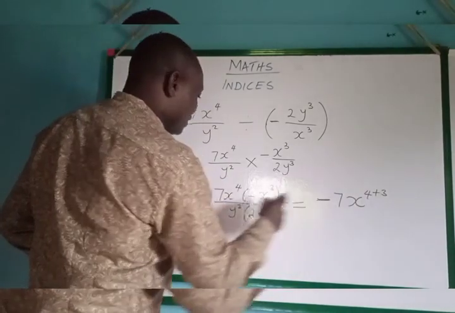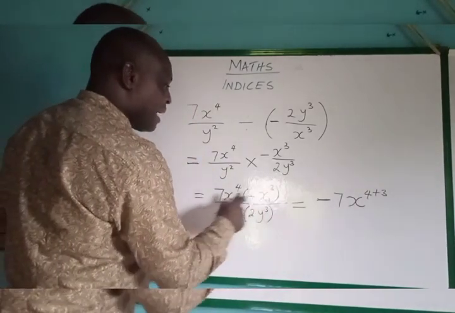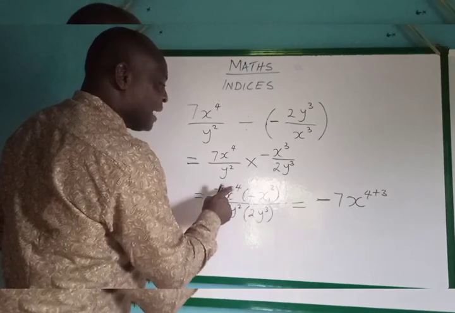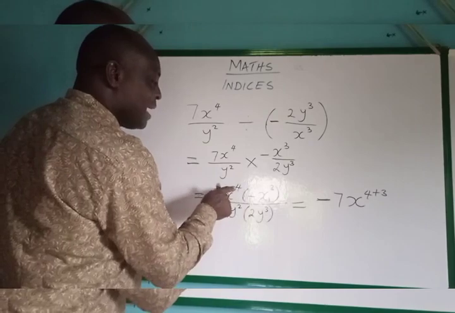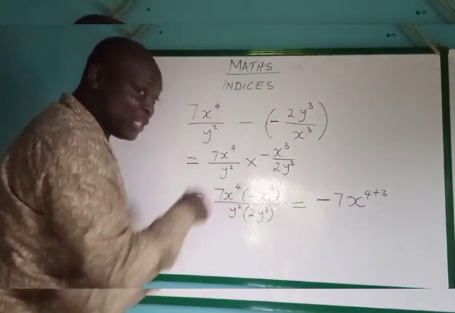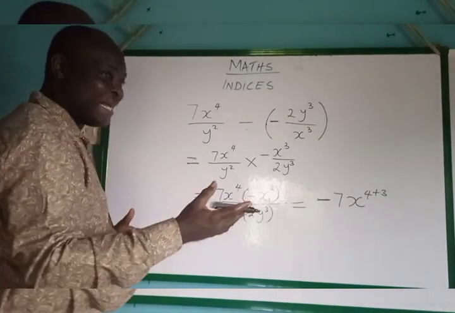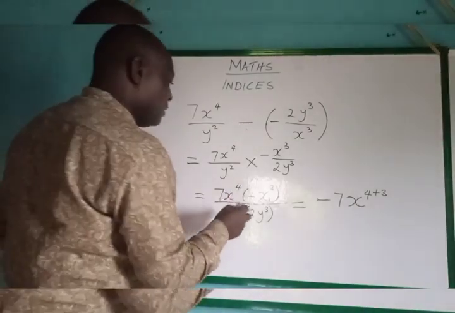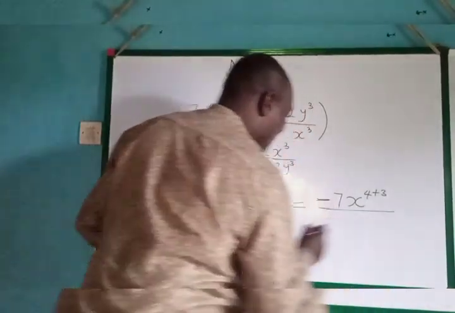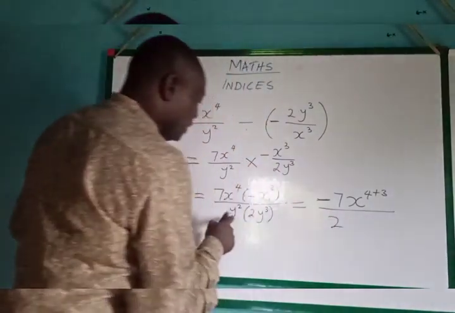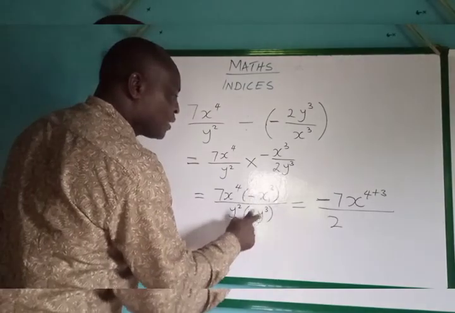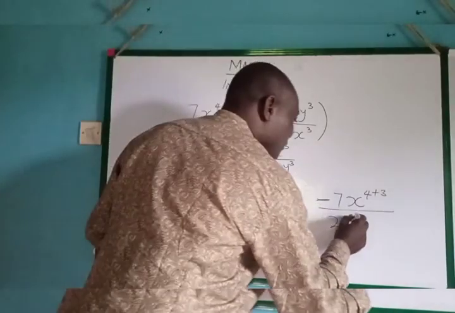7 is here, the ordinary number. The x's are multiplying, so they are indices. So what we do is pick one, then add their powers because it is multiplication. If it is division, that is a different ball game. Then we have the denominator, all over 2, the ordinary number, bring it out. This is y raised to the power 2 times y raised to the power 3. We are picking one.